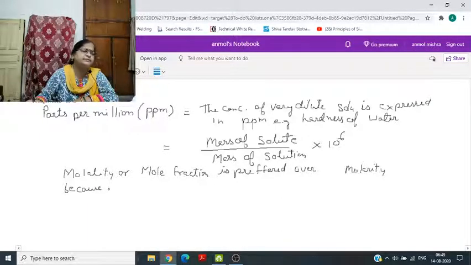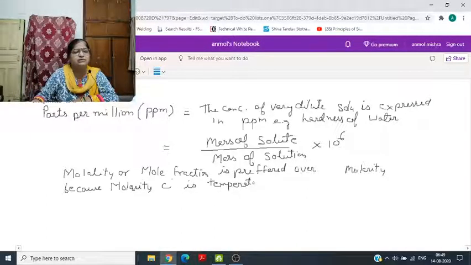Molarity is temperature dependent. So if a question is asked which one is temperature dependent, molarity is temperature dependent, it changes with change in temperature.